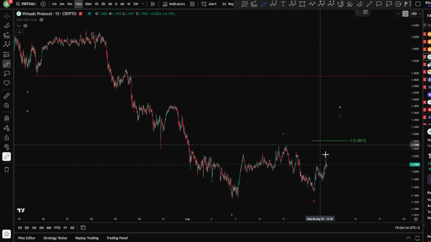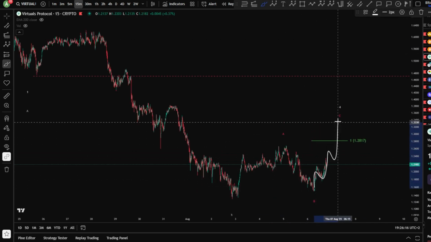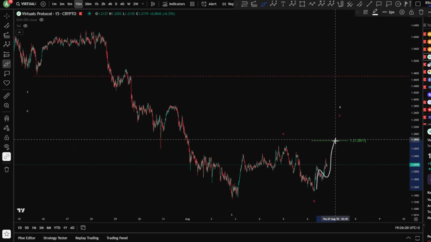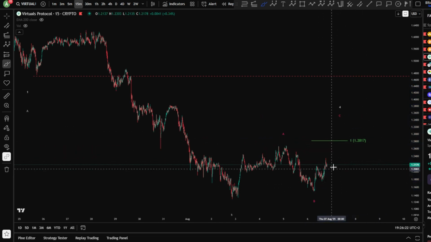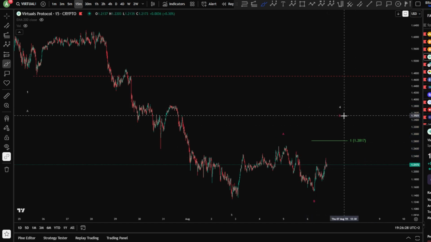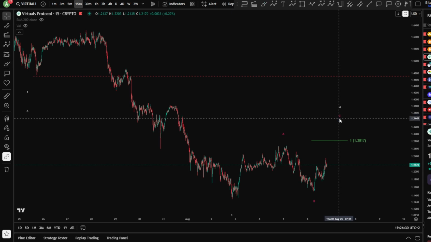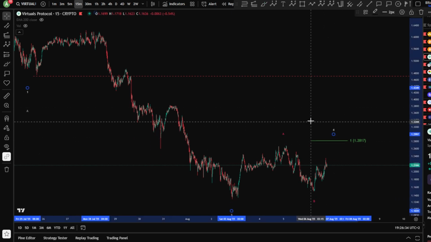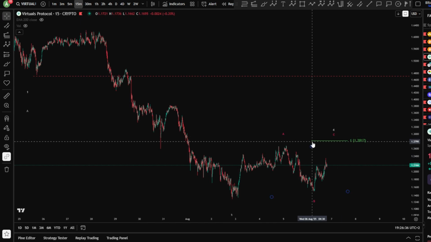If we reach above it, or I would say overshoot it impulsively and with a structure that is not finished yet as a 5 waves, that means it might be a wave 3 rather than a wave ABC here as a zigzag. So yeah, a test is required at this level for Virtual at 1.28 dollars.